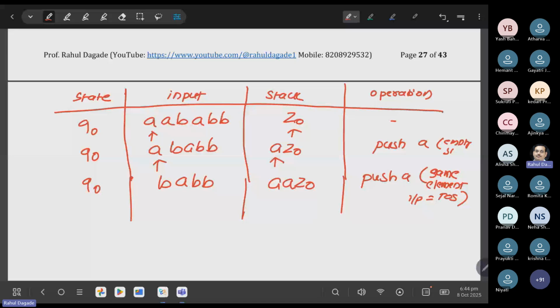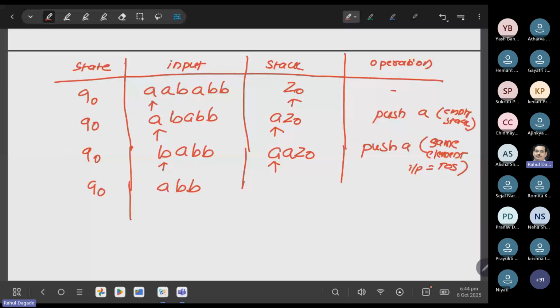Now we have input is B. So Q0, B is consumed and top of stack is A. B and A are different, so we will pop it. Remaining input is A, B, B. So A will be popped, so A Z0 will be on stack. So our operation is pop A. Why pop A? Because input is not equal to top of stack.